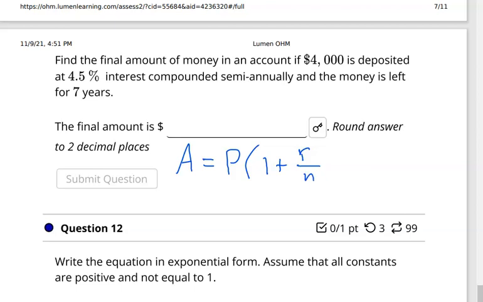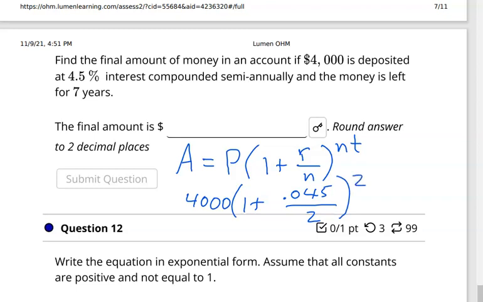Divided by the number of times per year it's compounded, to the n times the number of years. Well, let's plug in our numbers. P is 4,000. 1 plus the rate. This is where you have to be careful. 4.5% is equal to 0.045. Now, semi-annually means that's 2 times a year, to the power of 2. And how many years? 7 years.